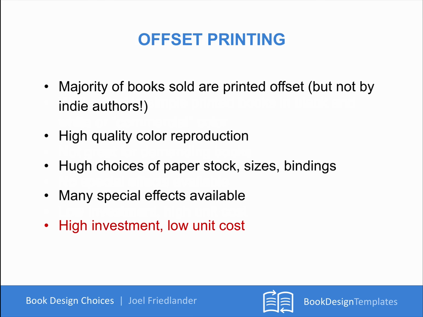They roll the paper up on a skid full of paper, and they ink that thing up, and they start printing, and Bob's your uncle, they could print 10,000 impressions an hour. And this is how the majority of books sold in the United States are manufactured. Unfortunately, indie authors haven't really figured out this part of the publishing business very much.